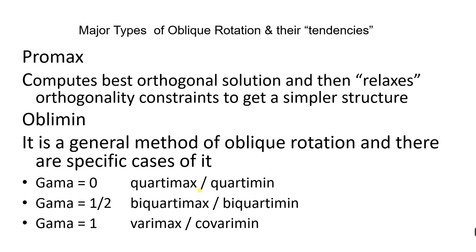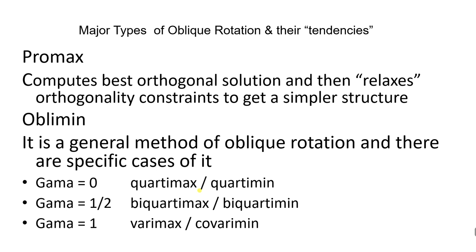If gamma is equal to 1 by 2, it is called Biquartimax or Biquartimin. They are synonymous. This Biquartimax and Biquartimin both are the oblique rotations. So it is somehow similar to the Equimax method, probably. I will have to check.